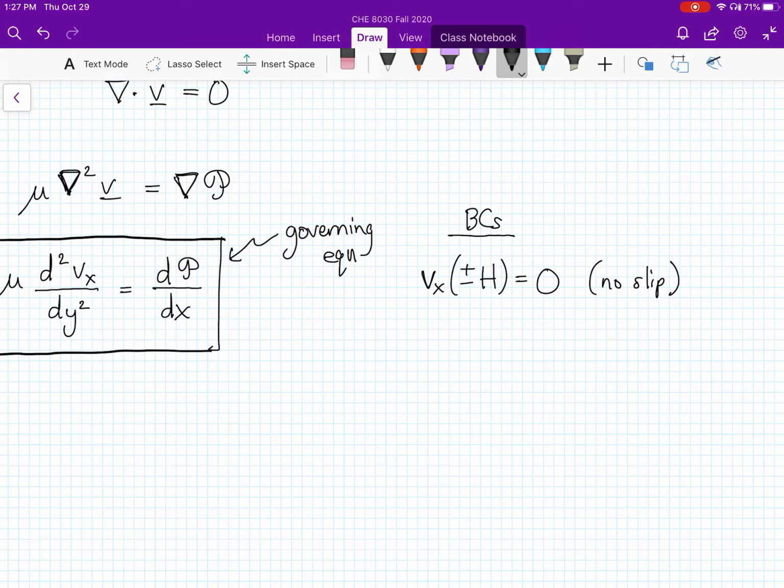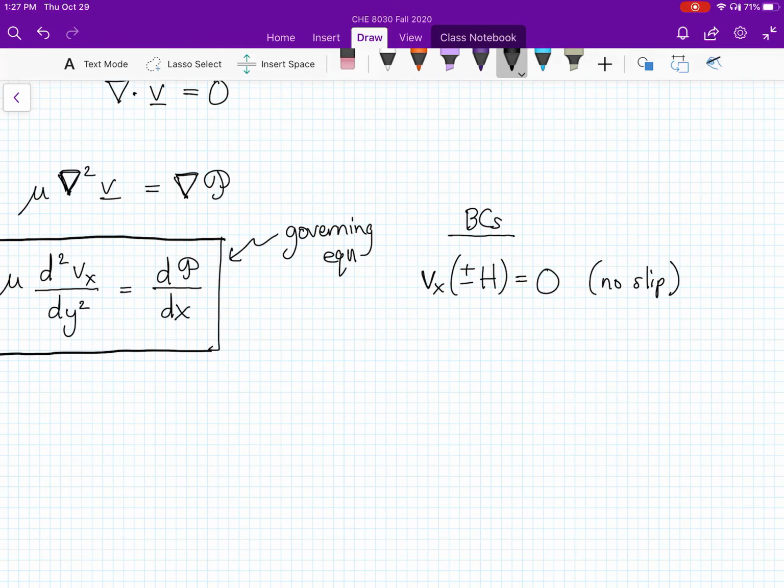I'll say that again. The velocity at which the adjacent surface is moving dictates the velocity at which the fluid that is touching that surface is moving. So in this case, we have a stationary wall. Therefore, we have a stationary fluid at that boundary.